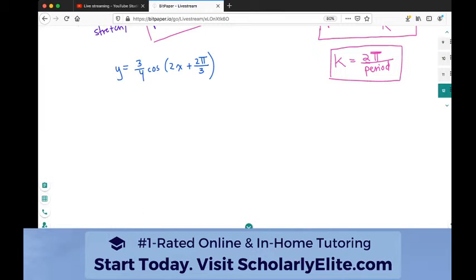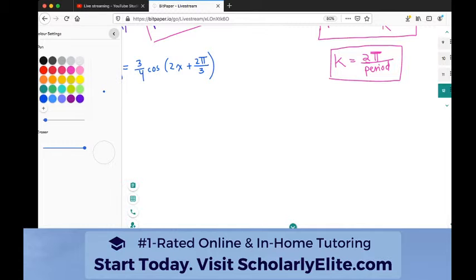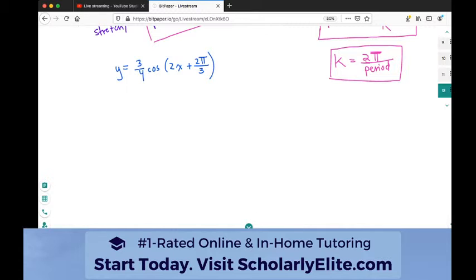So again, if we were to line this up with our knowledge of what the standard equation is, we have y equals a cos k x minus d plus c. So in this case, this is a, and we have not yet factored out enough stuff to get our k value, but that's okay, we're going to do that.